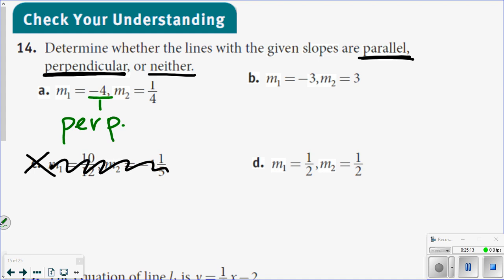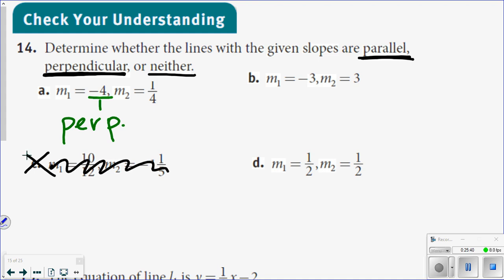Letter B, what do you think? Are they exactly the same? -3 and 3, are those identical? No, so they can't be parallel. Okay, perpendicular. Is one positive and one negative? Yes. And then are they flipped? Did we flip the fraction?